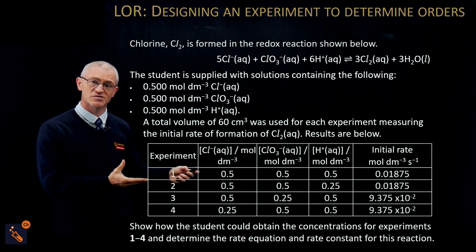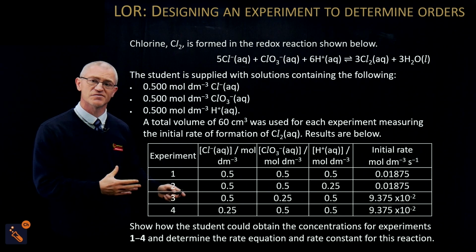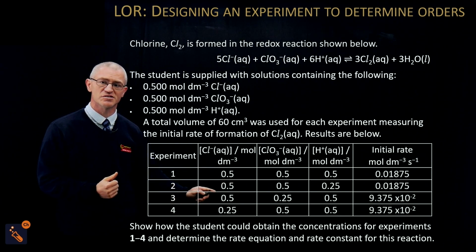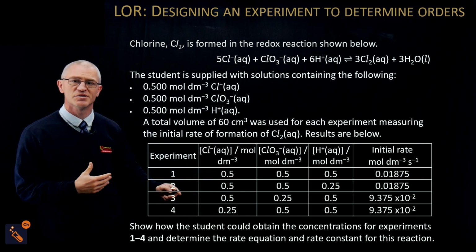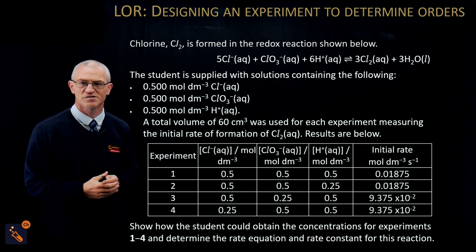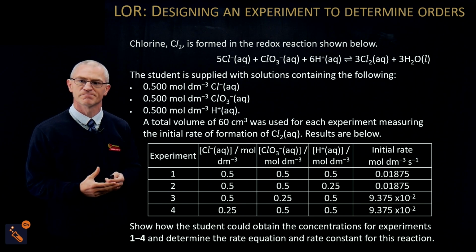Here we're given concentrations, and the concentrations that we have to reach are 0.25. So notice we're halving the concentration for chloride here, we're halving it for chlorate in the middle, and the H+ over there, we're halving it as well.